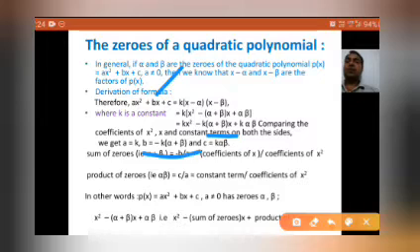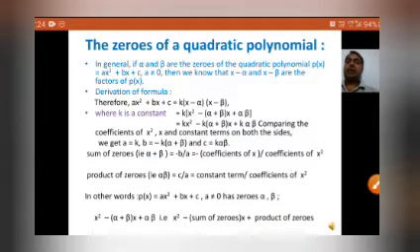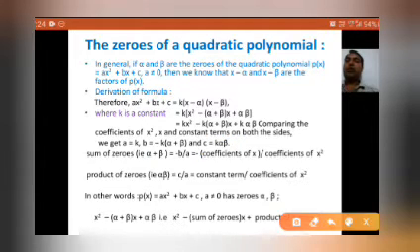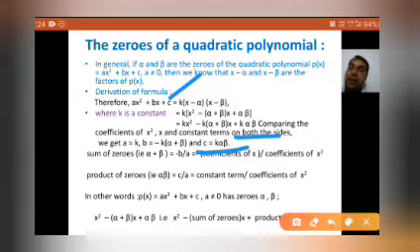Comparing the constant terms, c is equal to k alpha into beta.